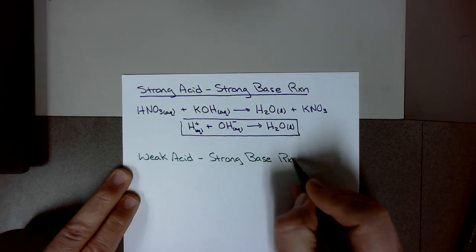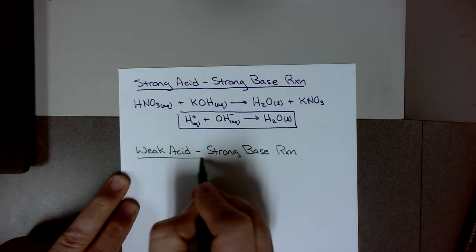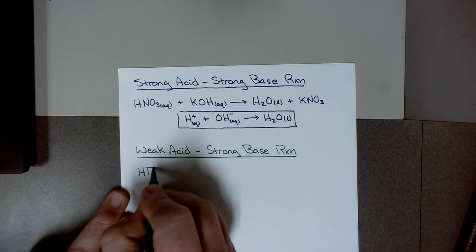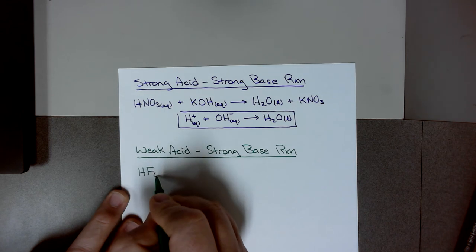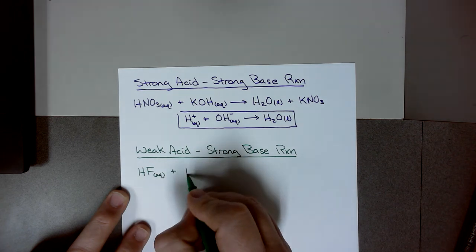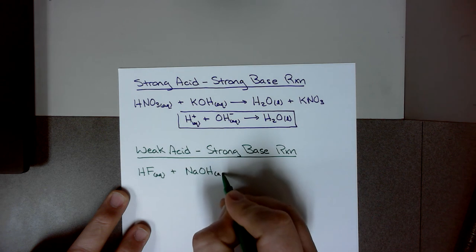Okay, so in a weak acid strong base reaction, let's take a weak acid like hydrofluoric acid, which is a weak acid, aqueous, plus a strong base. Let's just make it sodium hydroxide. That's a strong base.